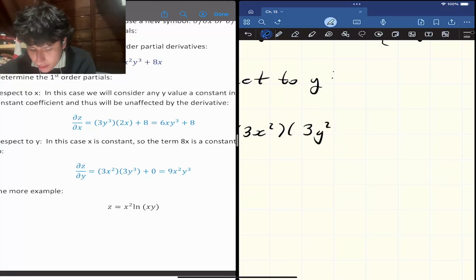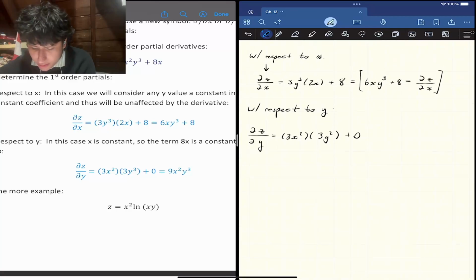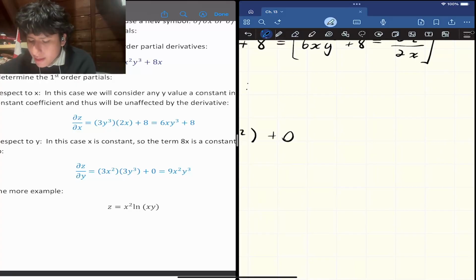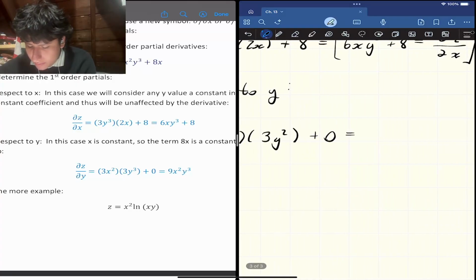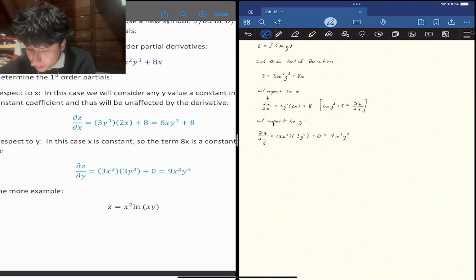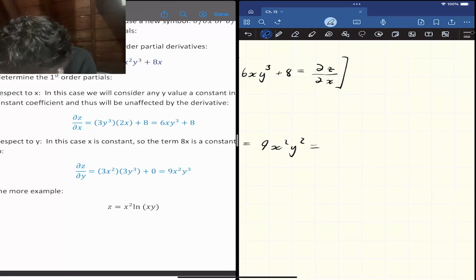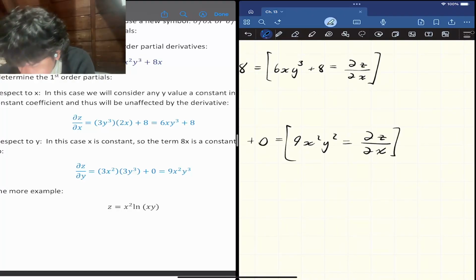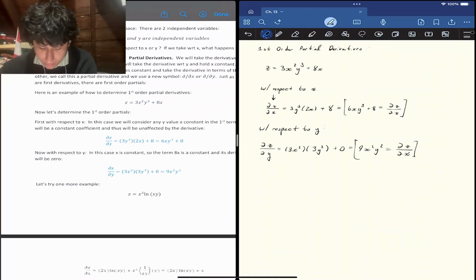I think she messed up on that. Yeah, that'd be 3y squared plus now 0, because that entire 8x would become a constant, and therefore becoming 0. So we would then get 3 times 3, so 9x squared y squared is going to be equal to that partial.